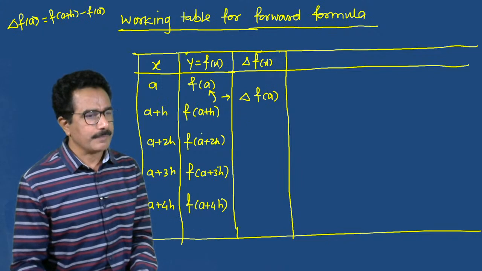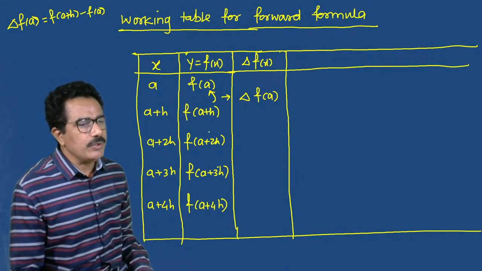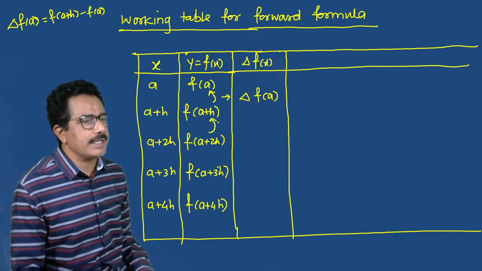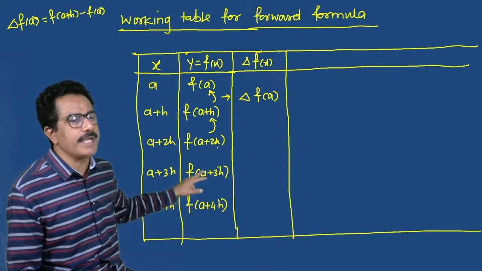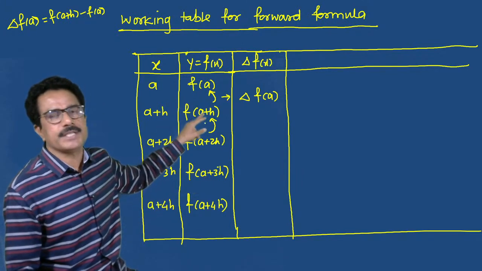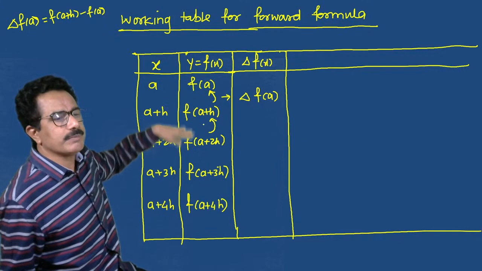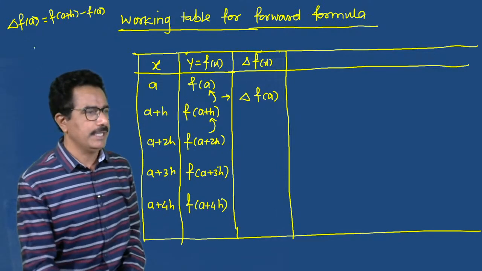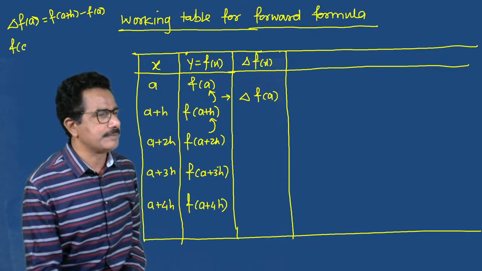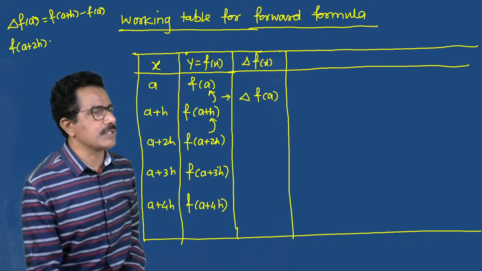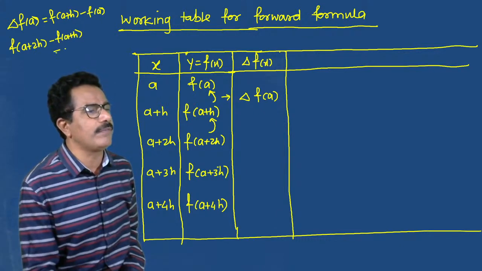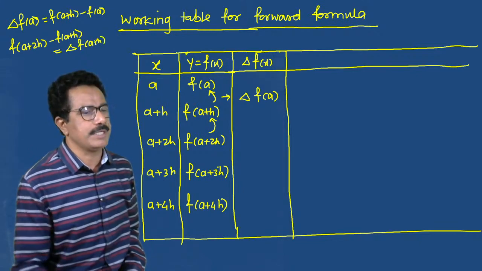Okay. Then again you have to subtract: f of a plus 2h minus f of a plus h. Subtract f of a plus h from f of a plus 2h. Then according to the forward difference it is denoted by delta f of a plus h.